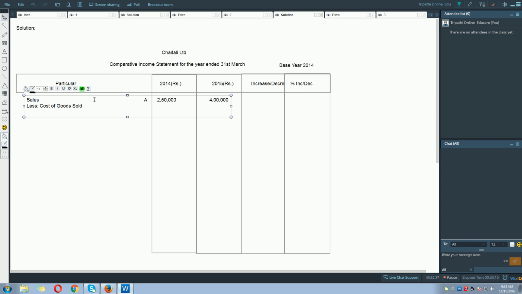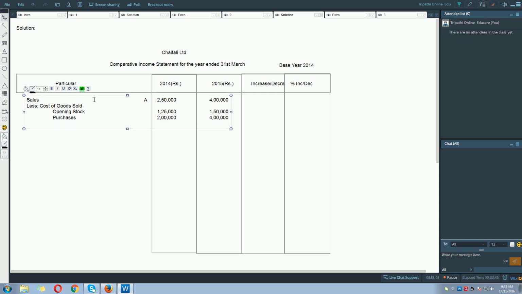We'll have to follow the vertical format. Sales, we will number this as A, 2,50,000, 4 lakh.